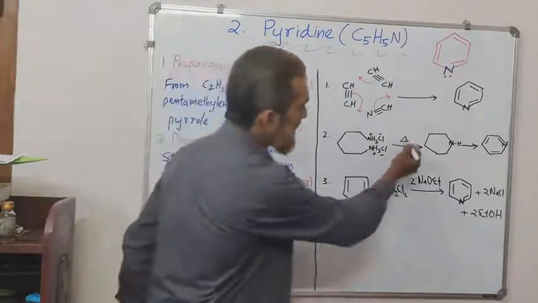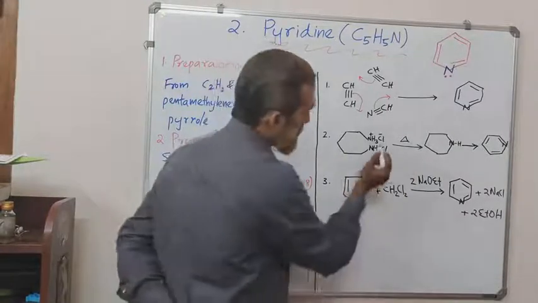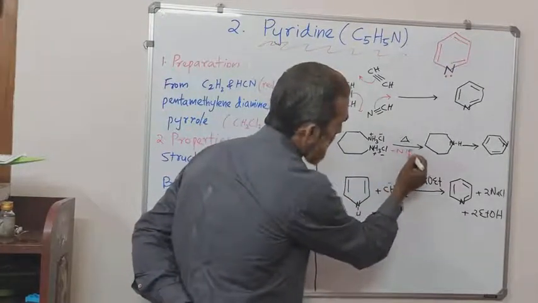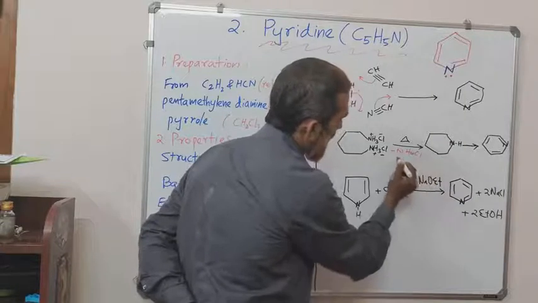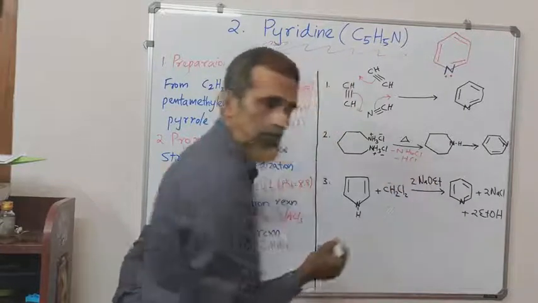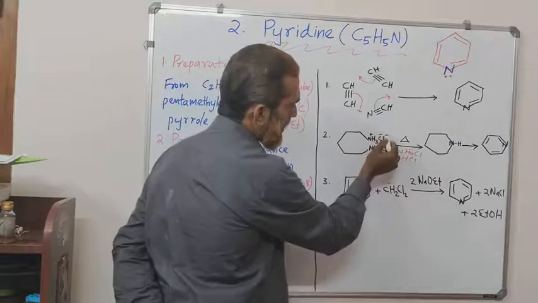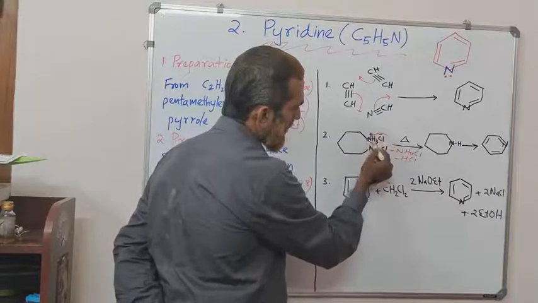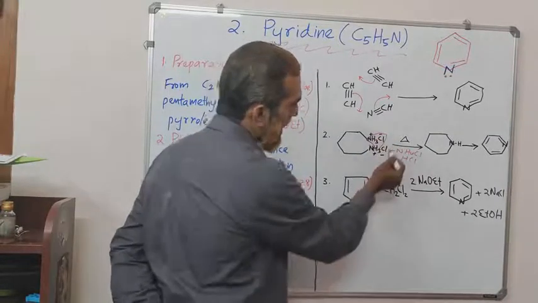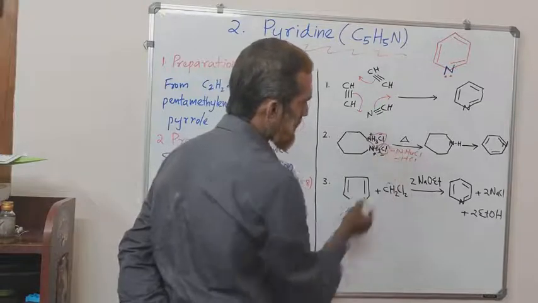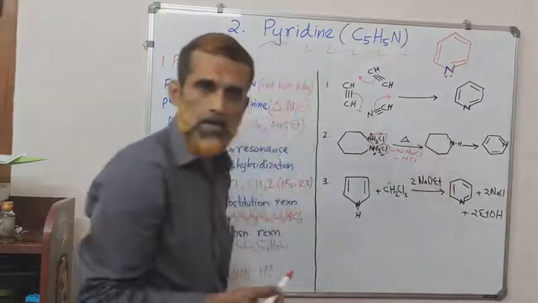This on heating will lose two molecules: ammonium chloride is lost, and also HCl. So this is what's happening. NH3Cl will take one H from here as NH4Cl, and one HCl is also lost, and you get this intermediate product.